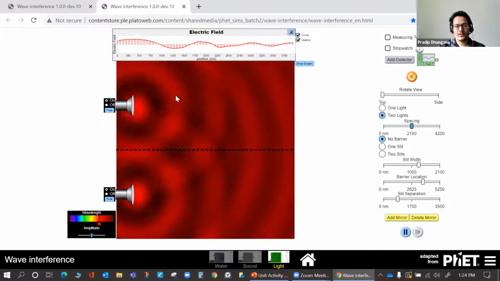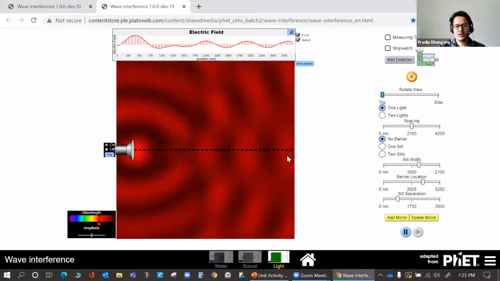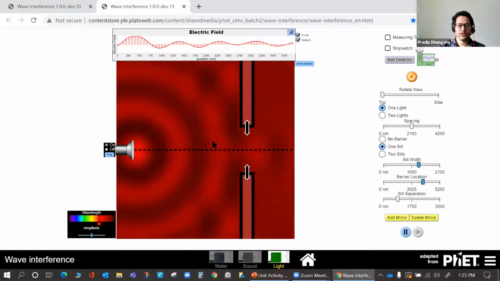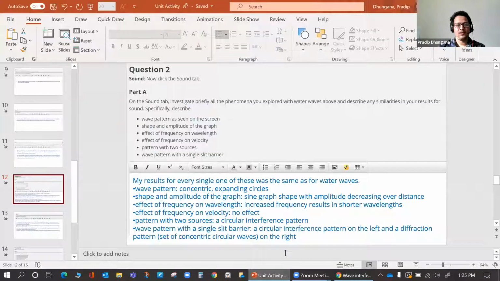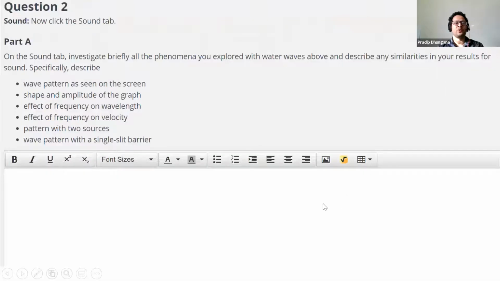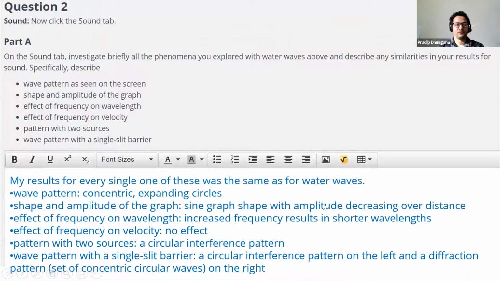We can see an interference pattern here. And then when we put one slit here, same thing here. We can see interference patterns on the left side, and around the corners of the slit we see a diffraction pattern. Based on those, we have to answer question 2 and question 3.